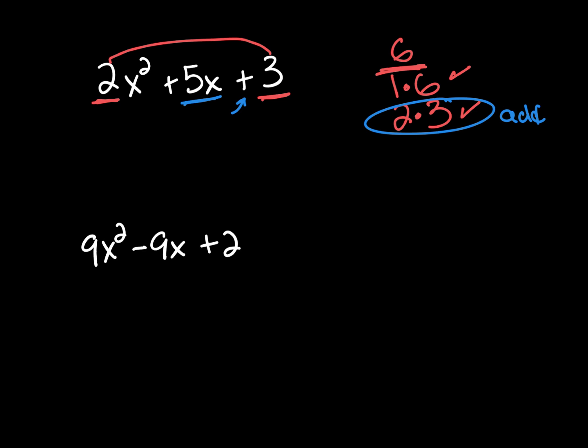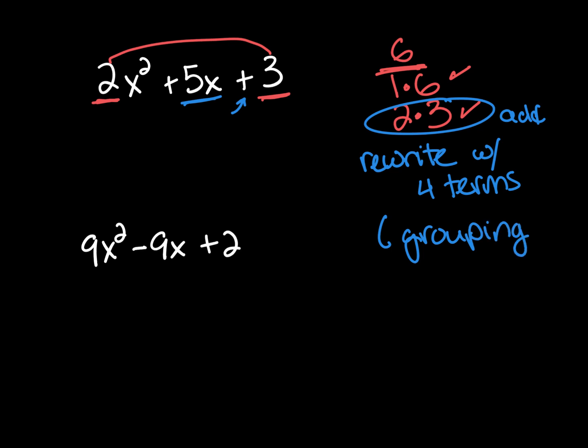So this time, we are not going to write our final answer like we did before. We're going to rewrite the problem with 4 terms. We're essentially turning it into a grouping problem, which is one of the factoring methods we learned in the beginning. So what does that mean?